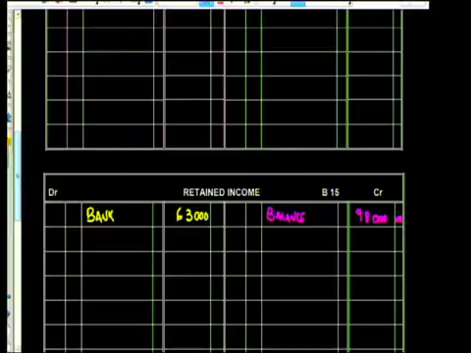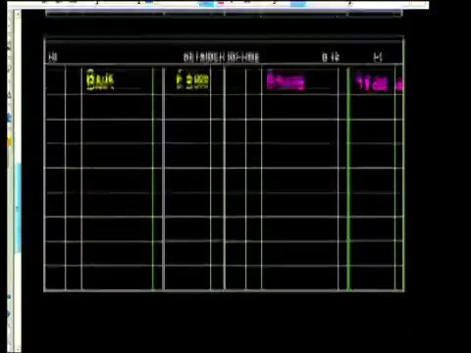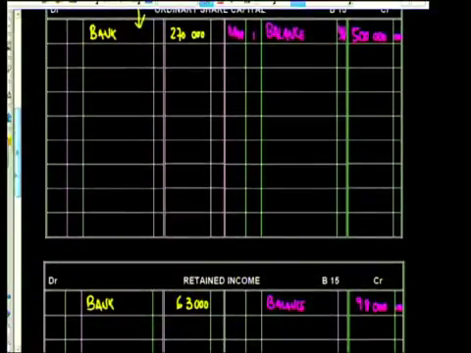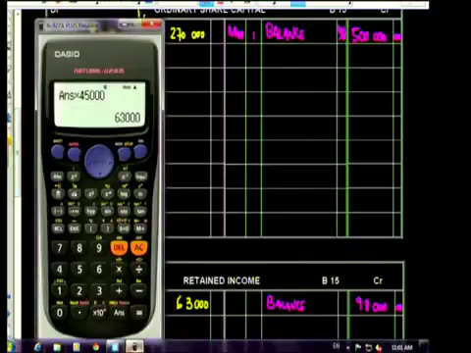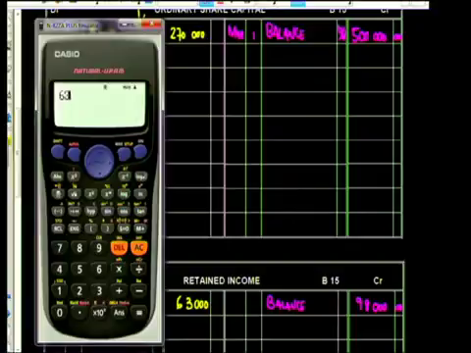Clearly you can see that the 63,000 plus the 270,000, just let me show it to you so you can see it, the 63,000 plus the 270,000 will then give you the 333,000, which is the value of the shares that we had repurchased.